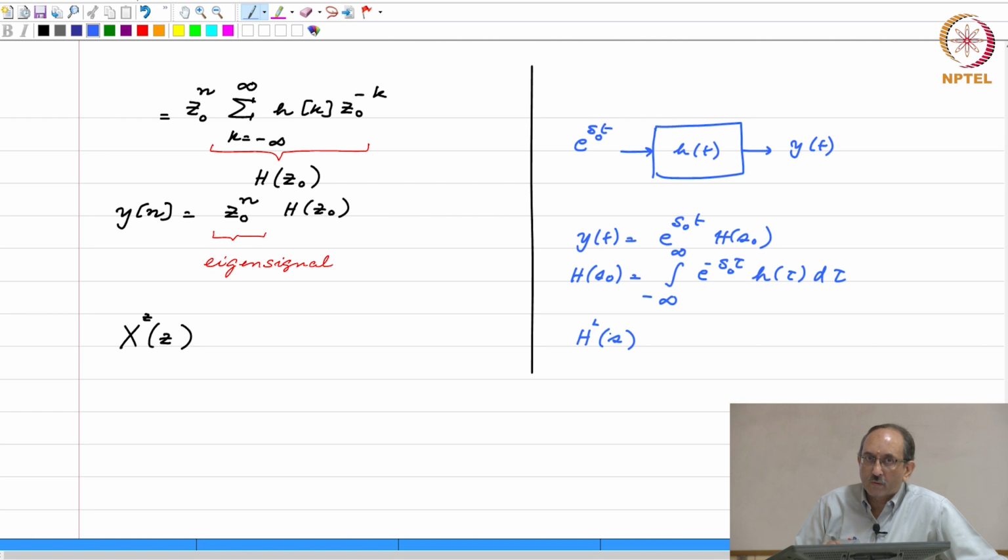So, one more change in the notation is used, not merely relying on the independent variable to tell us what the transform is. But as far as this course is concerned, we will continue to use x of z or h of z to denote the Z transform, and when we write h of s, we will mean the Laplace transform, bilateral Laplace transform. But you need to be aware that this is not quite good notation, it is sloppy, but that is well entrenched in the literature.